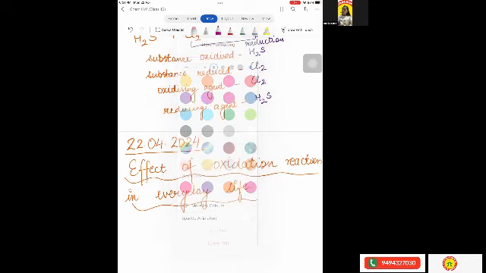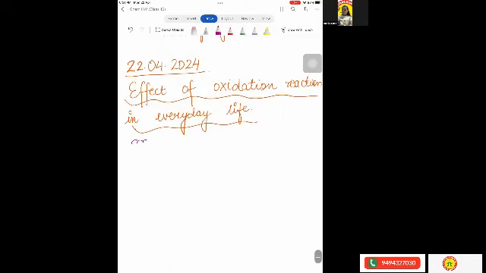So the first effect is corrosion. Now, what is corrosion first of all?